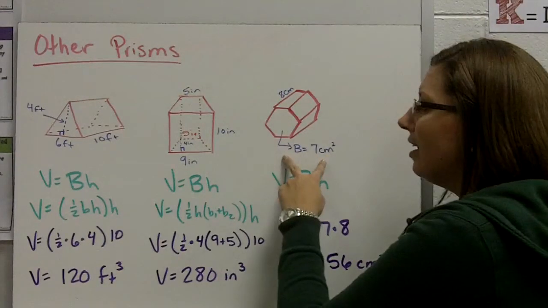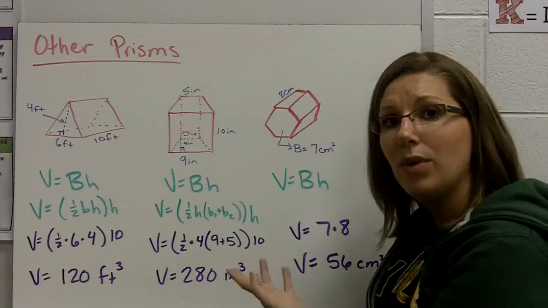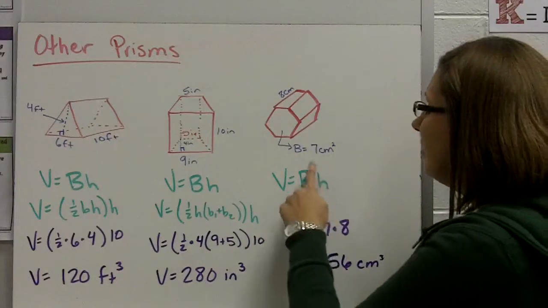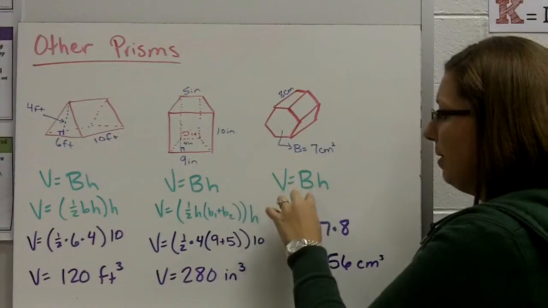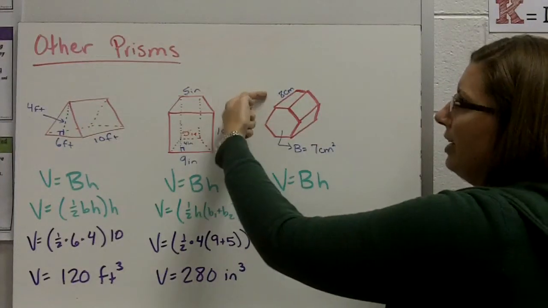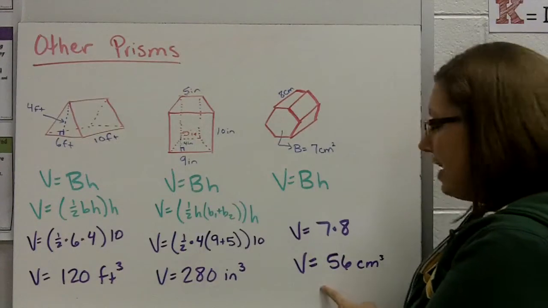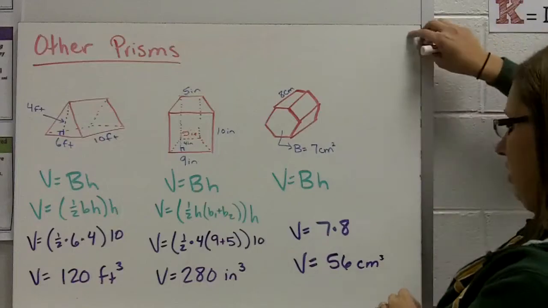So they already did half of our problem for us. All we need to do is take what they did and move forward and find volume. So in this case, I've got 7 square centimeters, that's my big B, times little h, the height of the prism. So 7 times 8 is 56, and now my units are cubed because I have cubic centimeters.